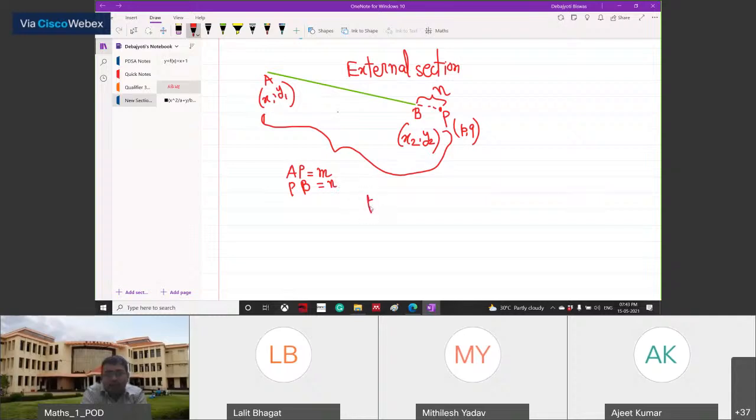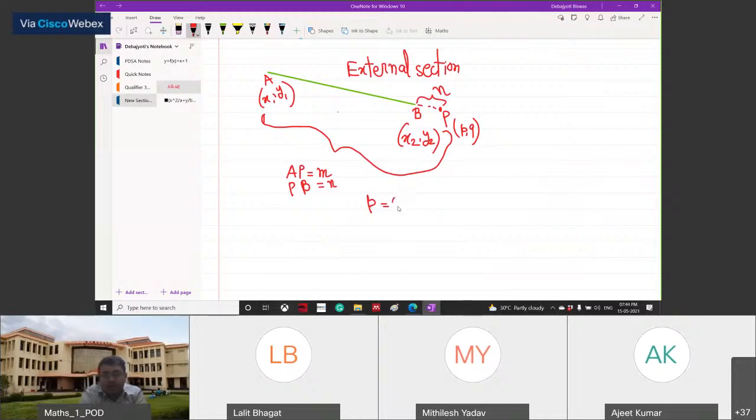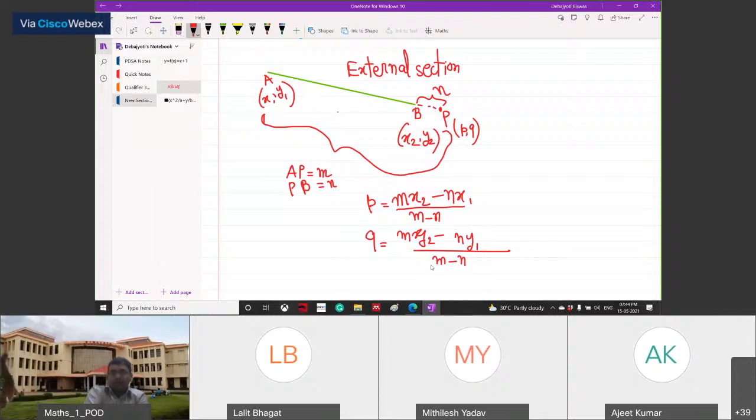Then the formula is p equals m x2 minus n x1 divided by m minus n, and q equals m y2 minus n y1 divided by m minus n. So that is our internal and external section.